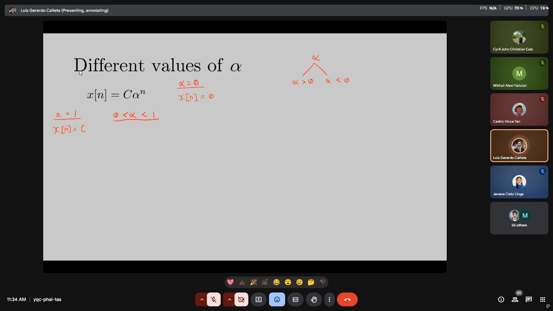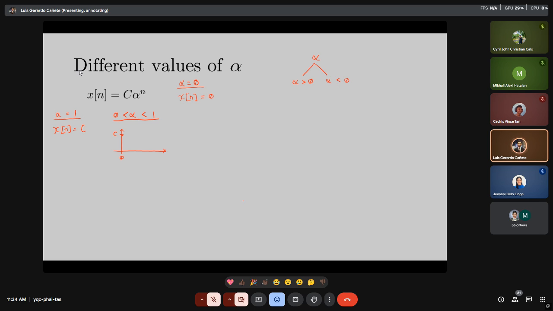So if the number there is going to be less than 1, then we can create a representation where at n equal to 0, the value is going to be c.